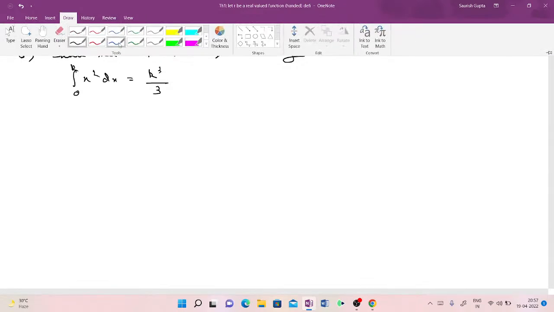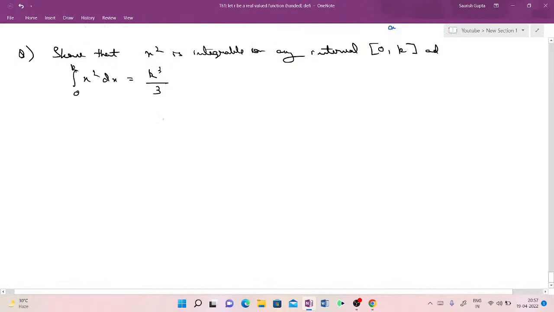Now this solution is pretty simple. Basically just see the steps. The function you are given is x square. First we need to determine the partition which we should be taking.